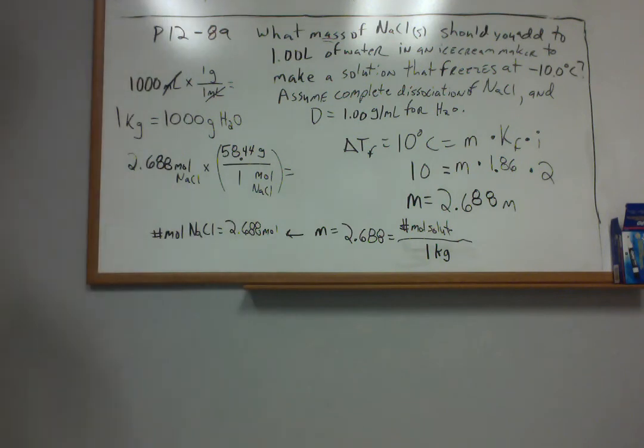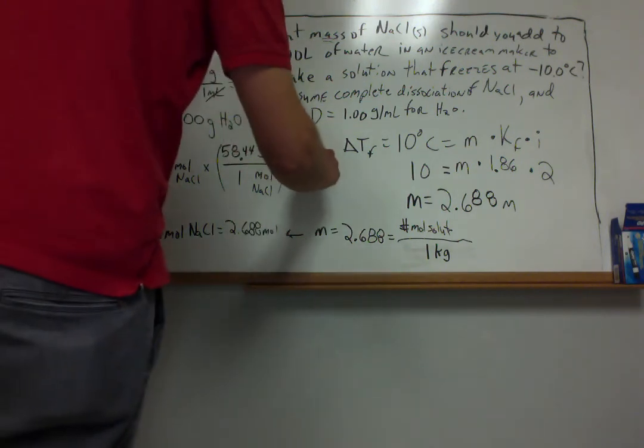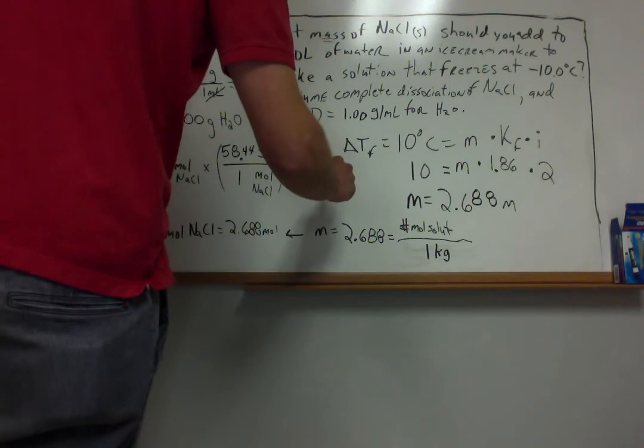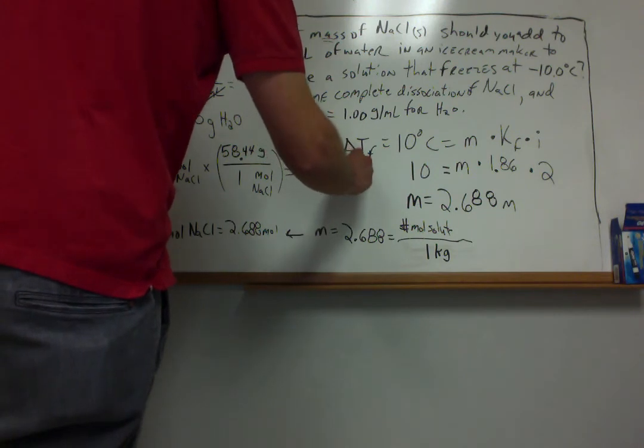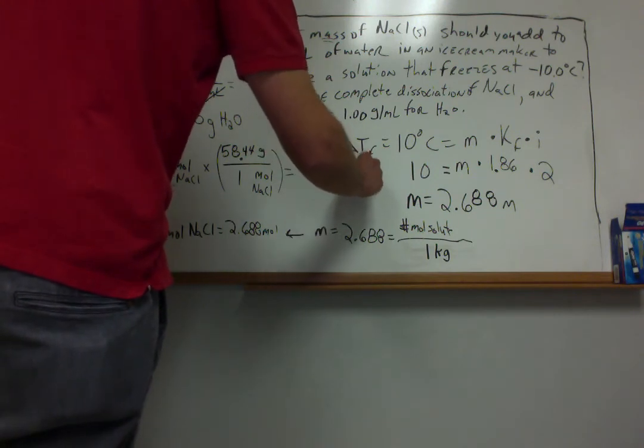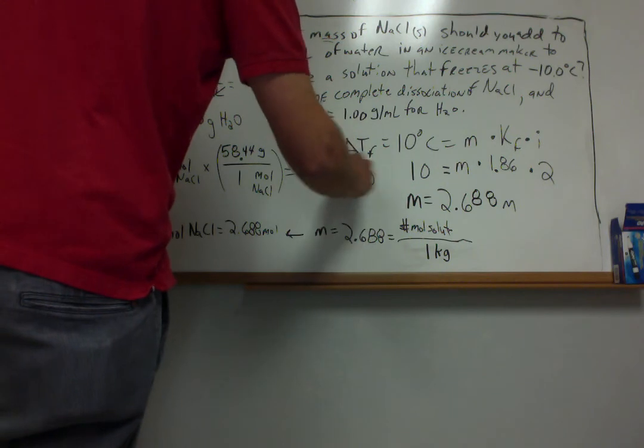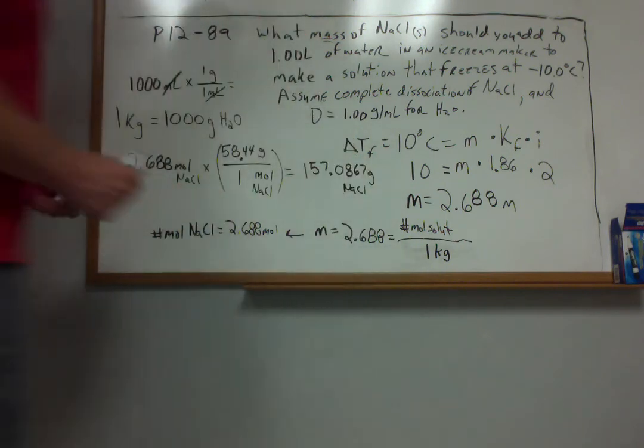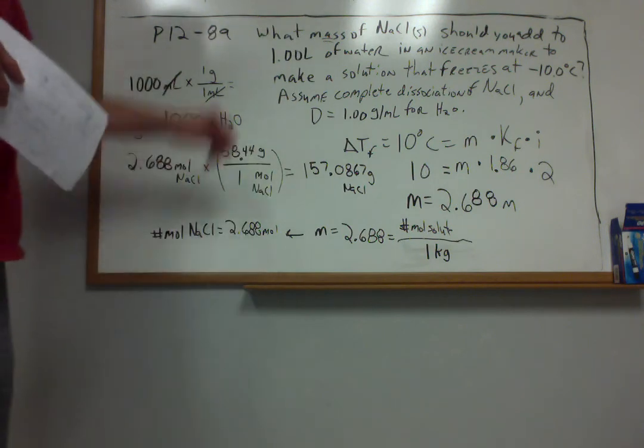After doing the math, my calculator returns 157.0867 grams of sodium chloride. That's the mass that I need.